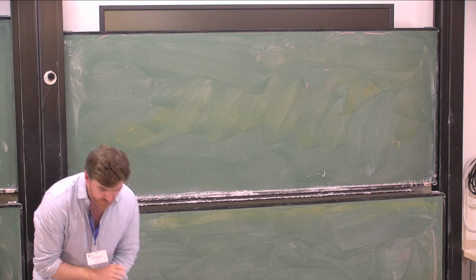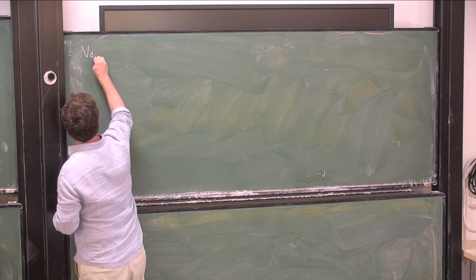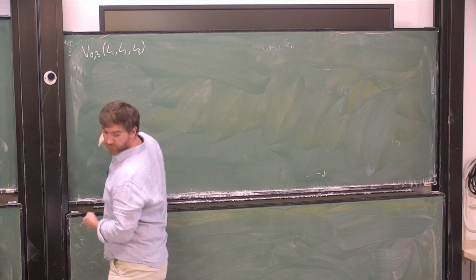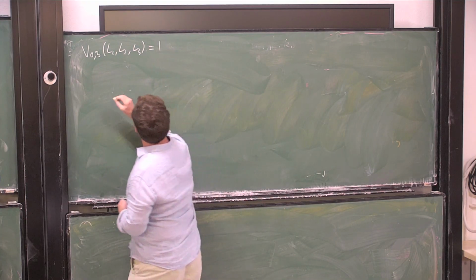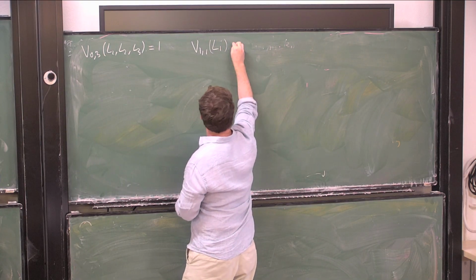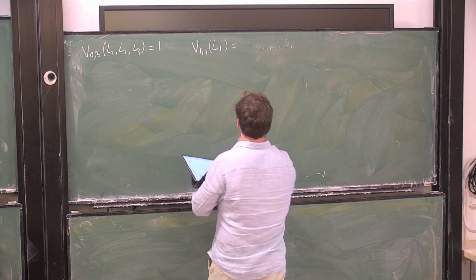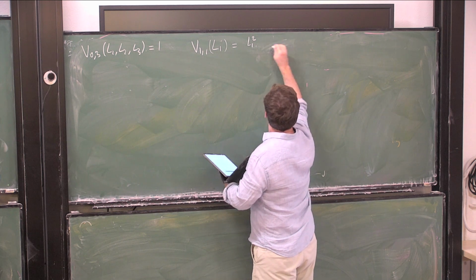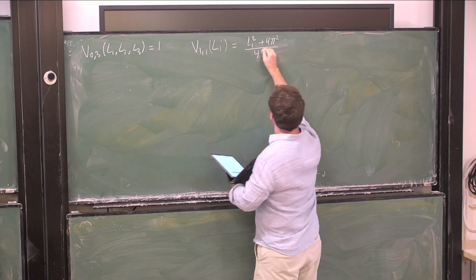So let me just give you a few of the first ones. W03 of L1, L2, L3. Just giving you a few examples. So this one is 1. Okay, W11 of L1 is L1 squared plus 4 pi squared over 48.